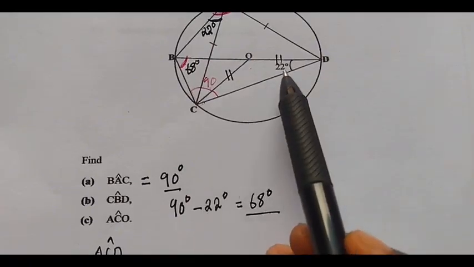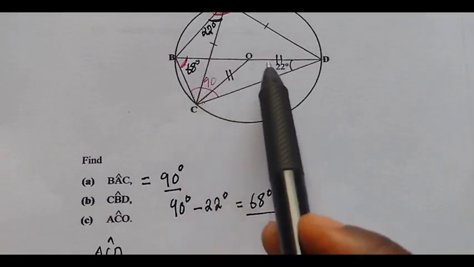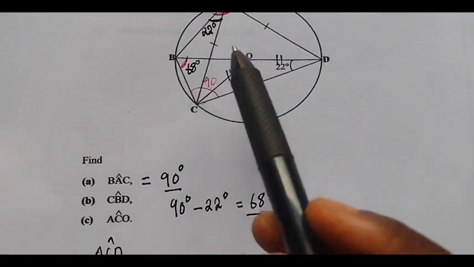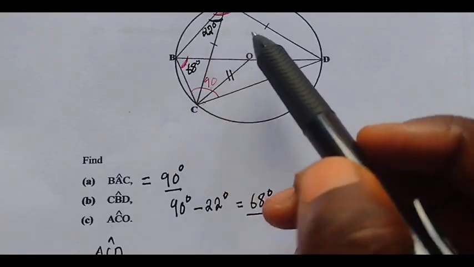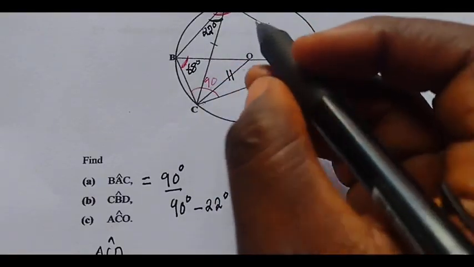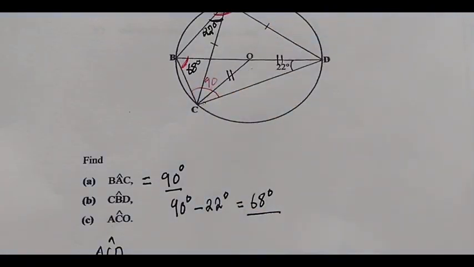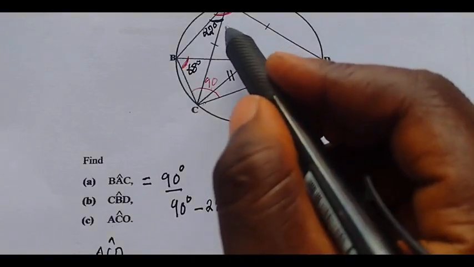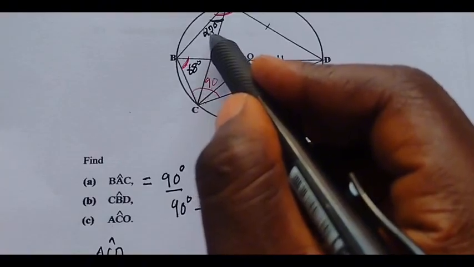All right, so I've said these are angles in the same segment, they are alternating. Remember I said the whole angle here is 90. So if you have 22, what angle are we going to have here? It's very easy. Just say 90 minus this 22.